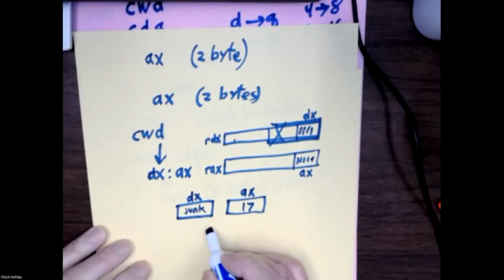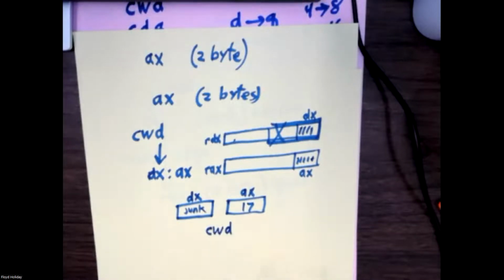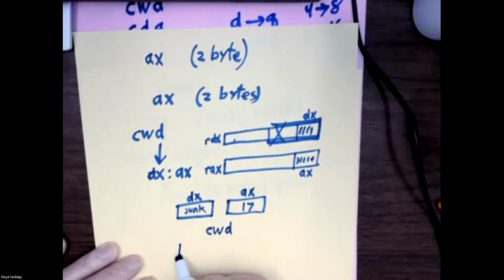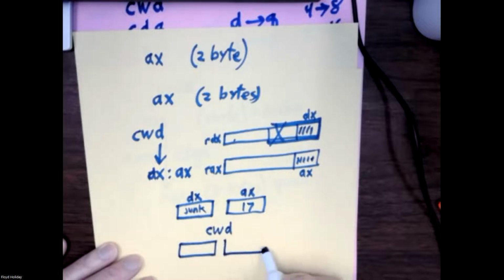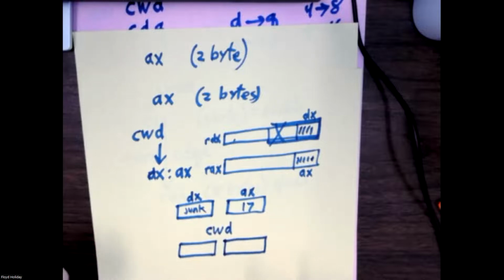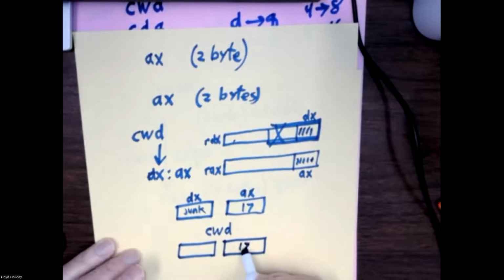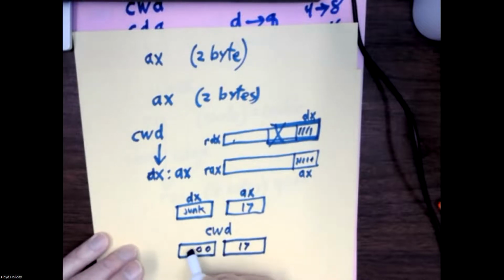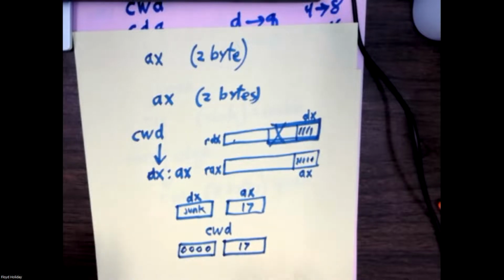And then you issue the command CWD. Then we still have 17, but it covers the bits in 2 registers as if they were 1. 17 is here, and it probably puts all zeros over here. And jointly, the numeric value is still 17. Okay, got it?